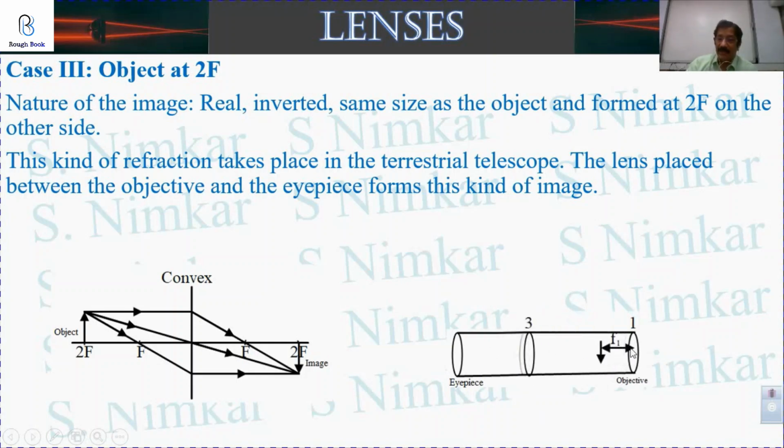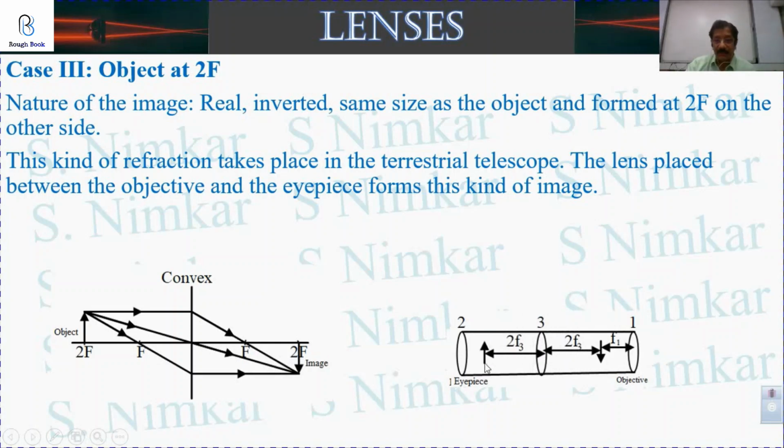So the image is formed by the object which is present at infinity, at the focus of the objective lens. Now this image becomes the object for the intermediate lens, and we adjust this image at a distance of 2f of this lens, and therefore on the other side at 2f you will get the image like what you see in this diagram.